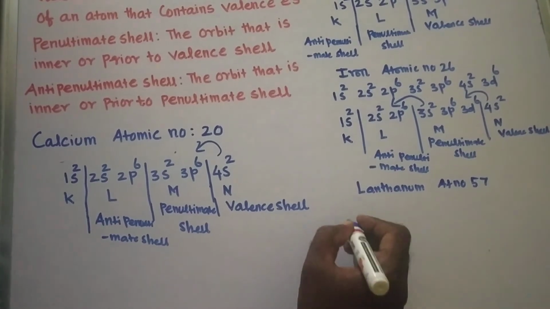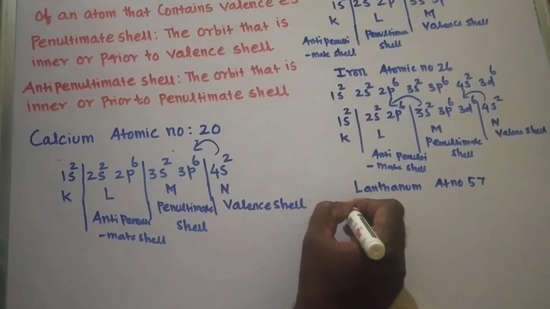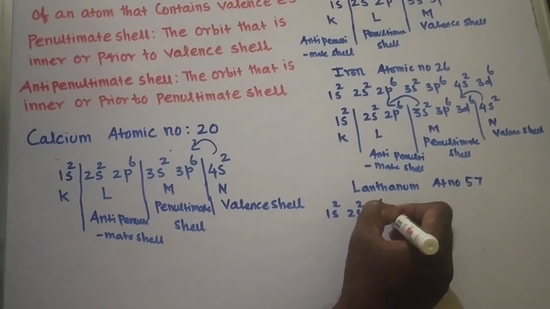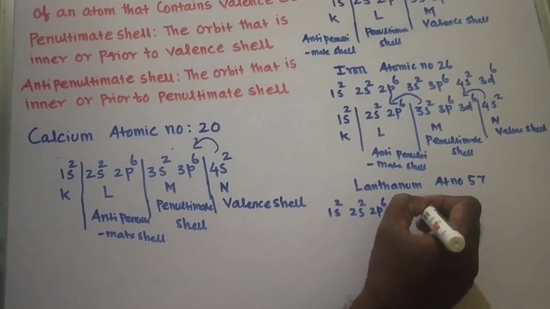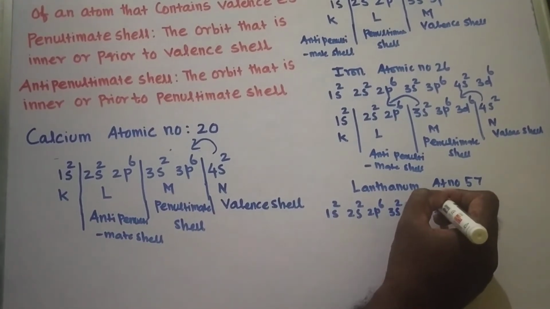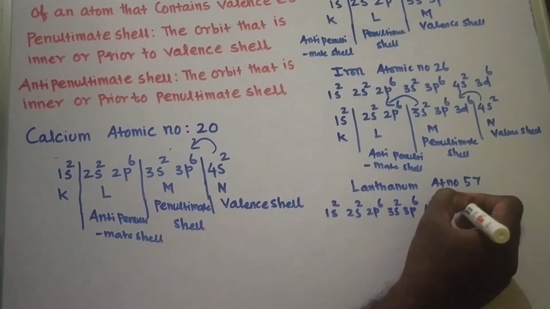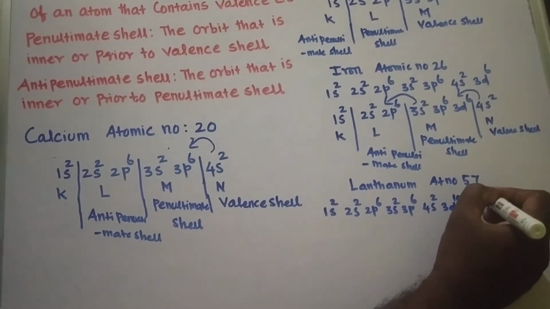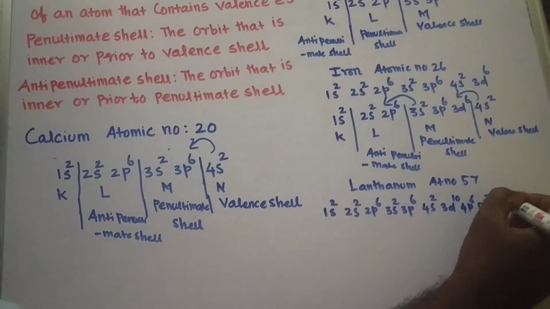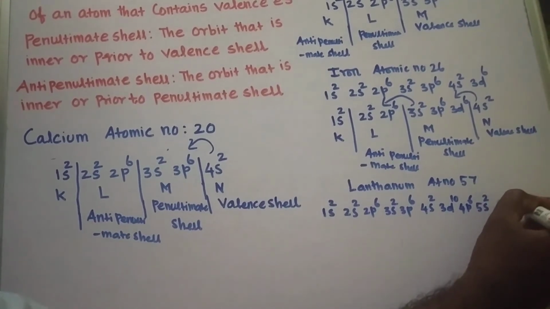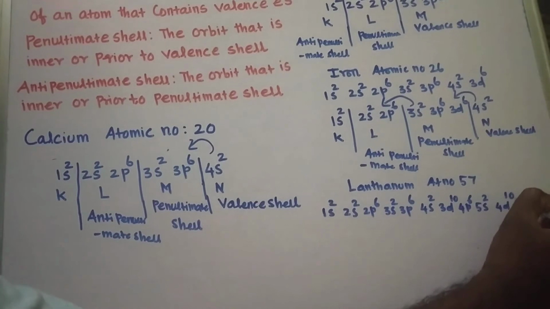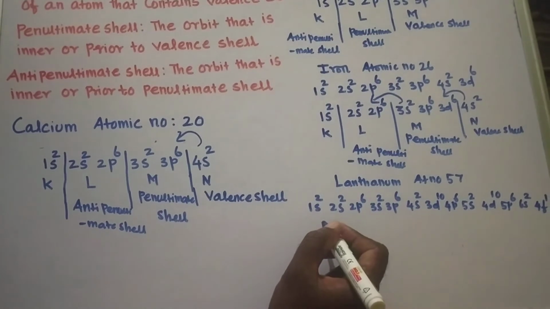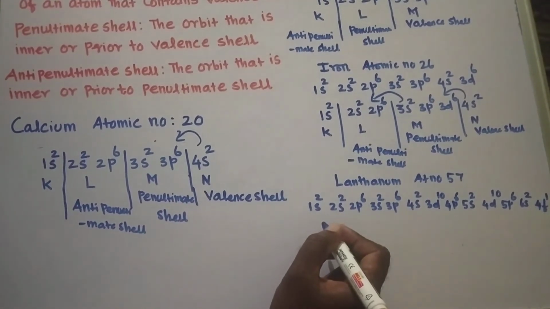Now we have to write the electron configuration: 1s2, 2s2, 2p6, 3s2, 3p6, 4s2, 3d10, 4p6, 5s2, 4d10, 5p6, 6s2, 4f1. Now this electron configuration is rewritten according to the principal quantum number value.